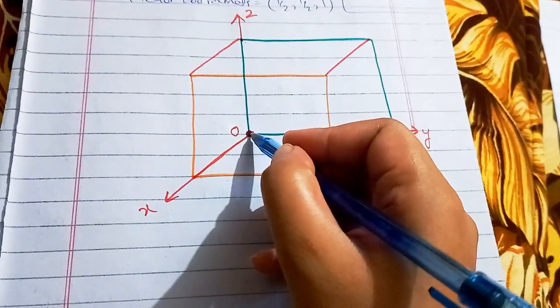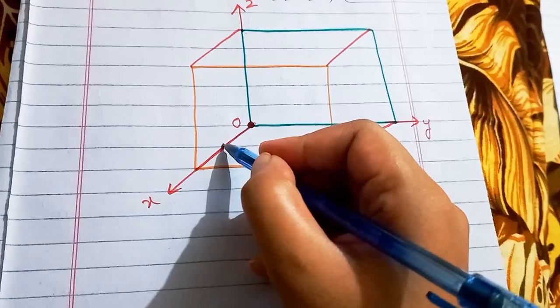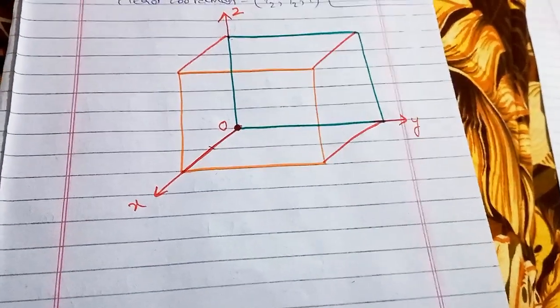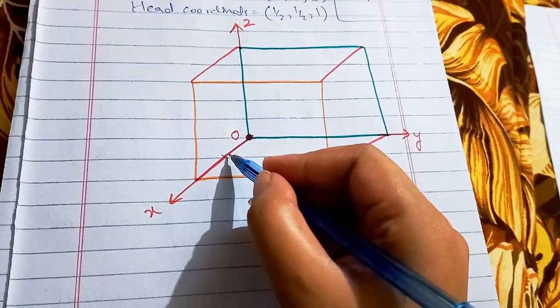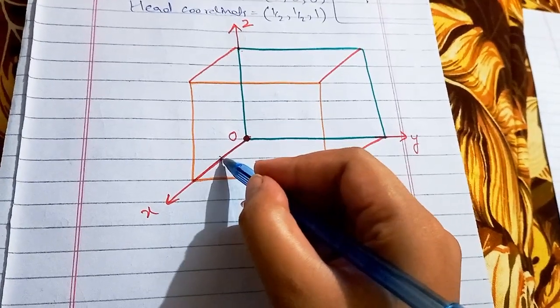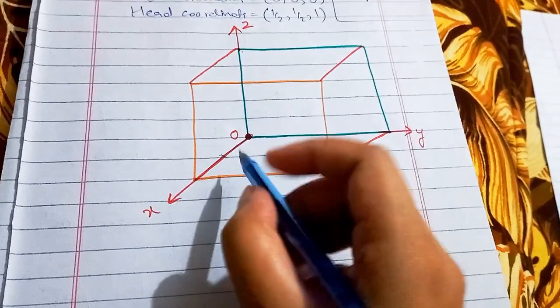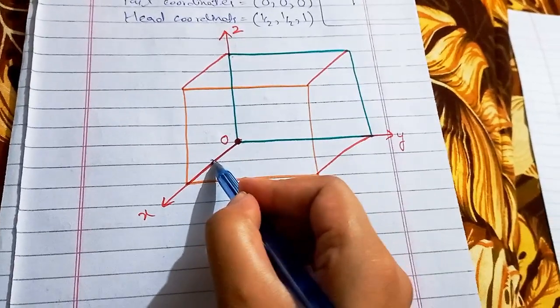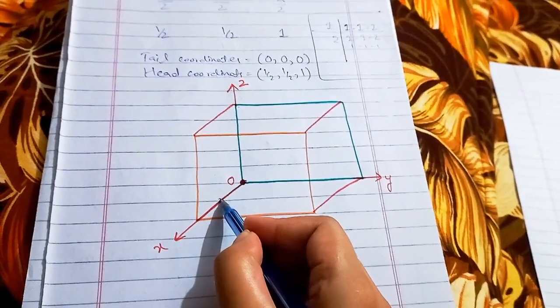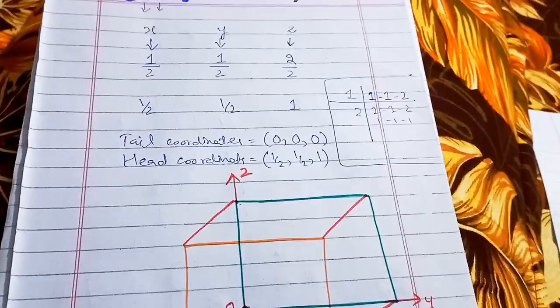Half unit means this whole length is 1, half of it is here. Always do it by taking the whole length and dividing it by 2. Don't just do it randomly like this or this. It makes it more accurate if you take the whole length as 1, then half of it is 1/2. We reached here. This is 1/2 along positive x direction.